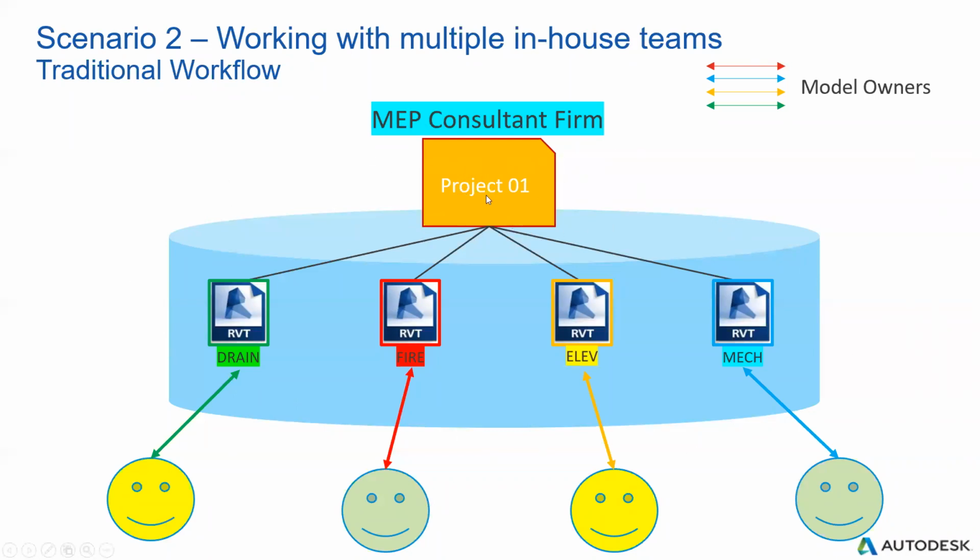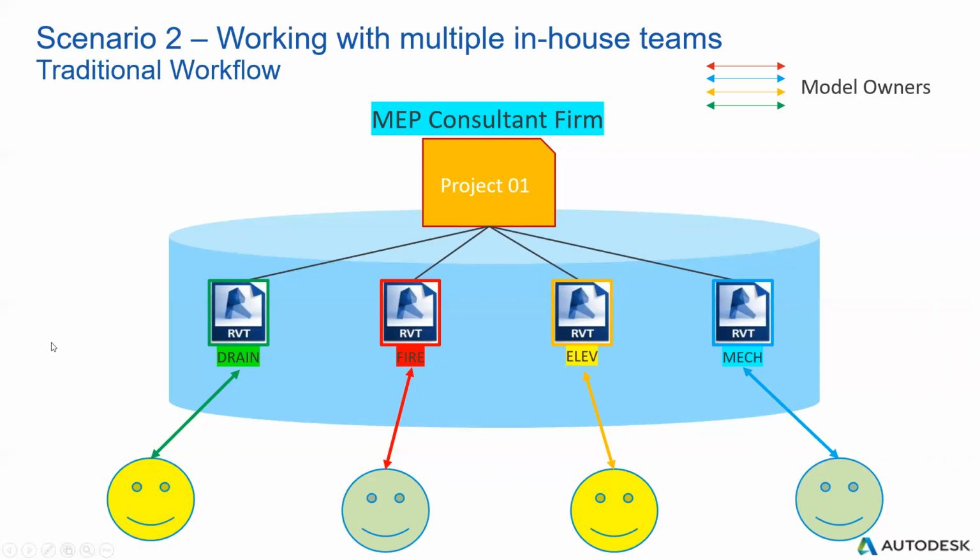I create a Project 01 inside this database, and this company has 4 teams of 4 people, each team representing a discipline. For example, this is the drainage, this is the fire discipline, this is the electricity, and this is the mechanical for this Project 01. And they are also the model owner of this Revit model.